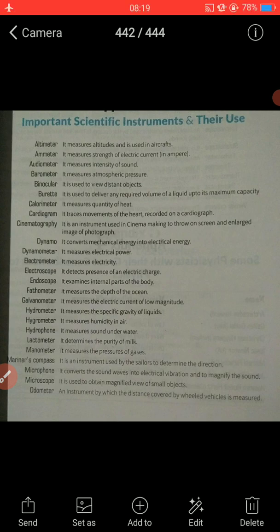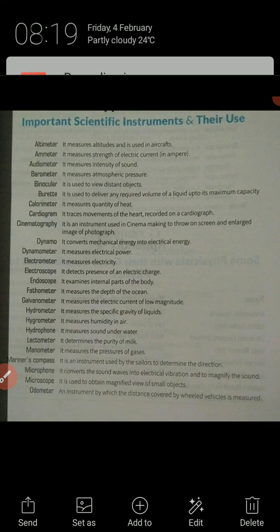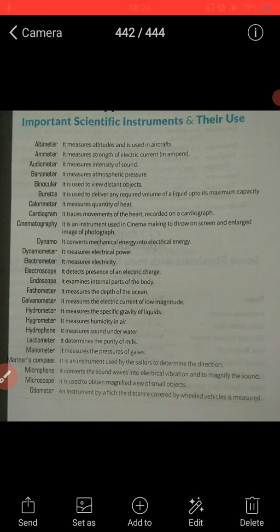By using our naked eyes. Here we can use microscope. Then we will go for odometer.